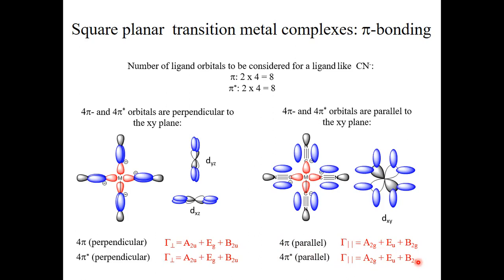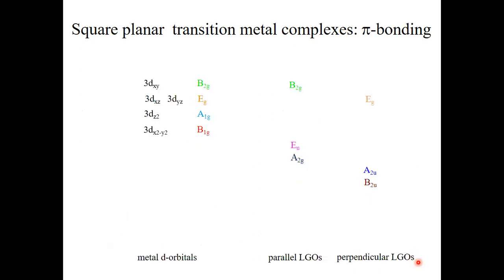So now we can construct the molecular orbital diagram under the consideration of pi bonding. To do this, we need to be clear which orbitals of the metal interact with which orbitals of the ligand. You see here again all the metal d orbitals. You see here the parallel ligand group orbitals, and you see here the perpendicular ligand group orbitals and the symmetry types.